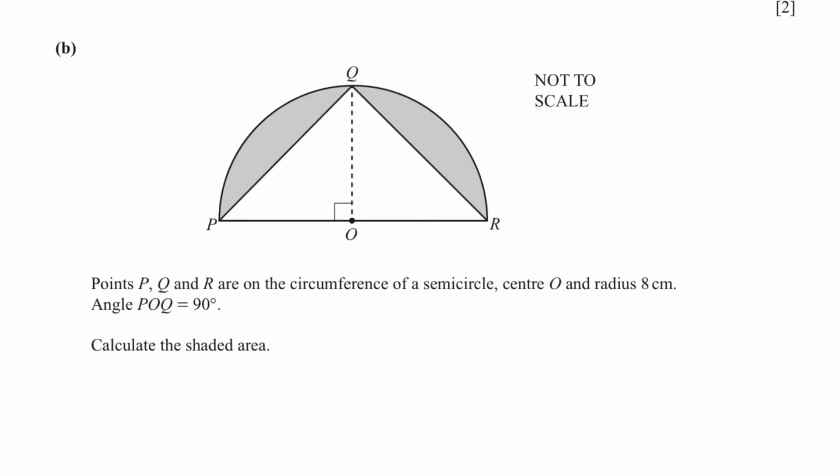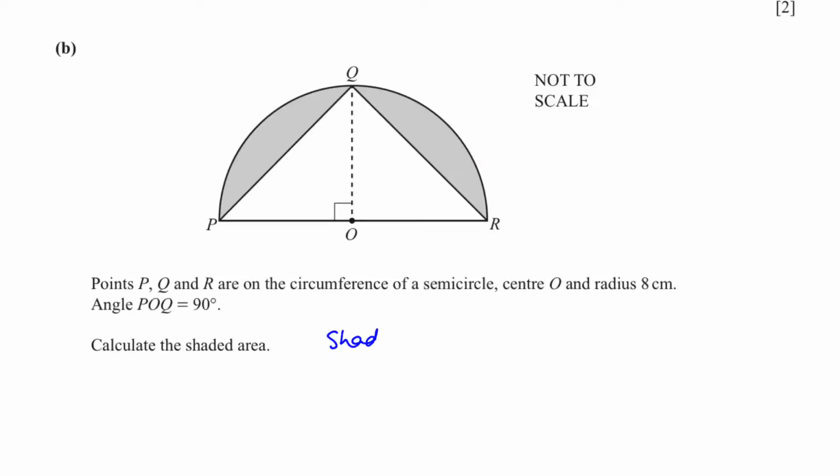In B, we have been given that points P, Q, and R are on the circumference of a semicircle, center O and radius 8. Angle POQ is 90 degrees. Calculate the shaded area. So we have a semicircle and we have got a triangle inside. To find the shaded area, we will find the area of the semicircle.